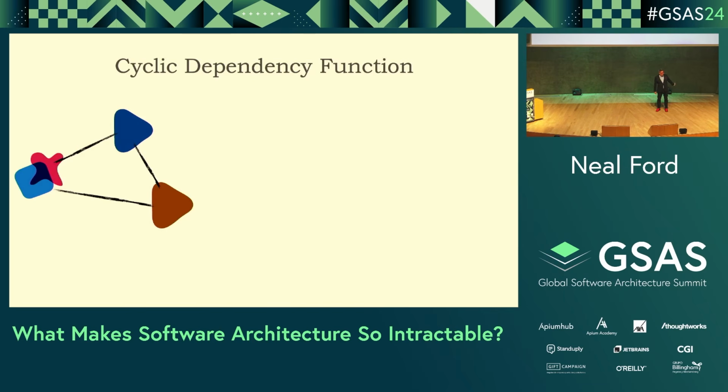This is an anti-pattern in architecture because you can't just reuse one of these components. If I want to reuse one of them, I have to take the whole rat's nest with me. And if these are also bound up with other components, then before long, my entire architecture is just one big ball.